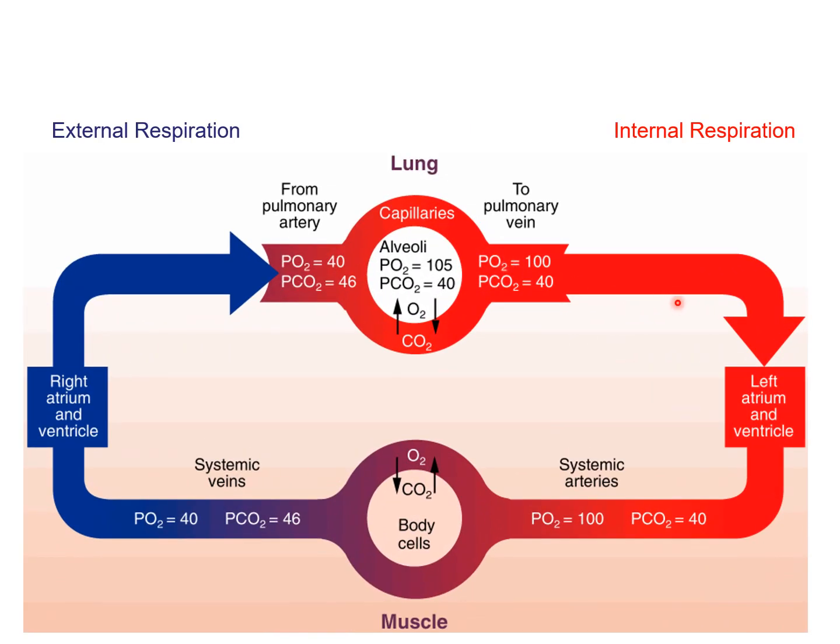This schematic just illustrates the changes in partial pressure of oxygen and partial pressure of carbon dioxide within the various structures of the pulmonary system. Within the alveoli, partial pressure of O2 is around 105 millimeters of mercury.